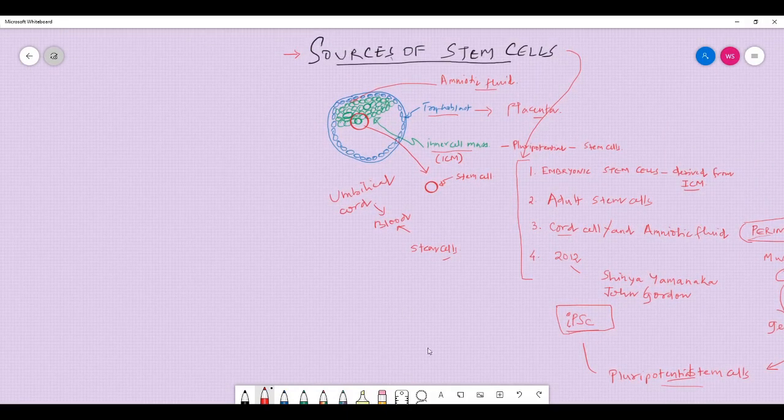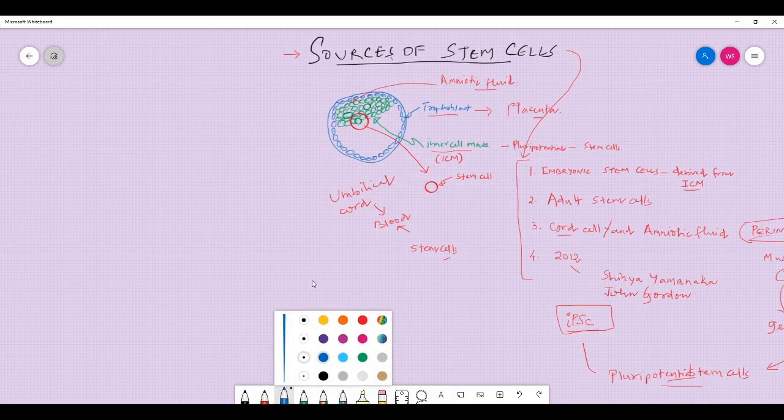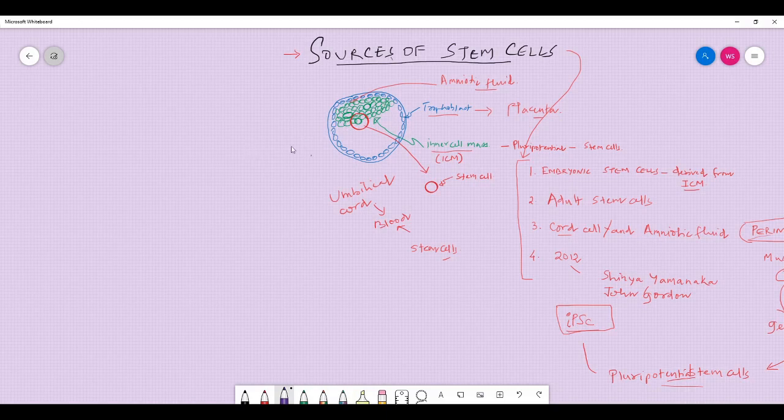So we said that we can source the stem cell from the embryo. We remove this cell, it becomes a stem cell. But in the process, what will happen? This embryo will die. We will get the stem cells, but the embryo will die.